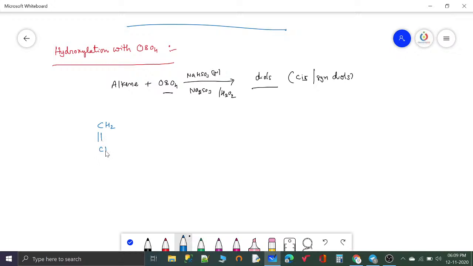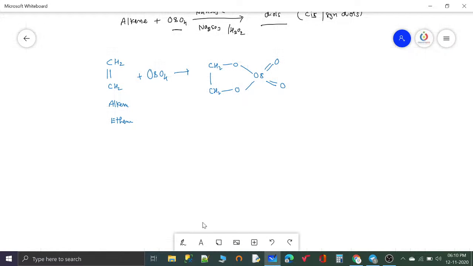So we shall take some examples here. CH2=CH2 is an alkene, the IUPAC name is ethene, the common name is ethylene. On reaction with osmium tetroxide, it gives this cyclic intermediate, CH2, CH2, with oxygen, oxygen and osmium. People may get confused how this intermediate has been formed. It is very simple.